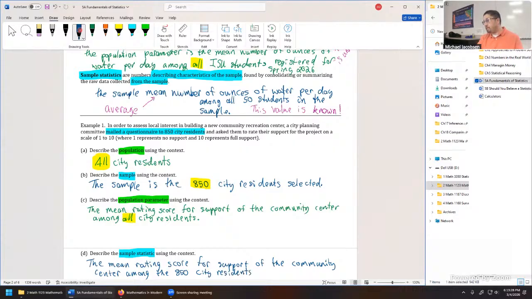And let's just say, just to be specific, the 850 city residents in the sample. So that's what our statistic would be in this context here.